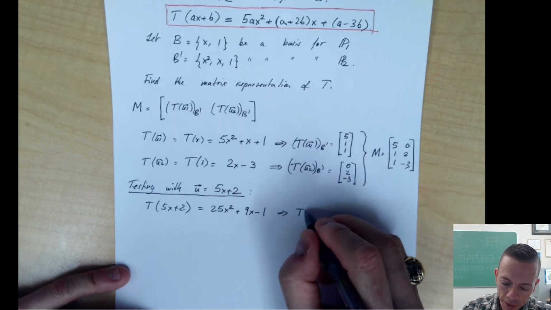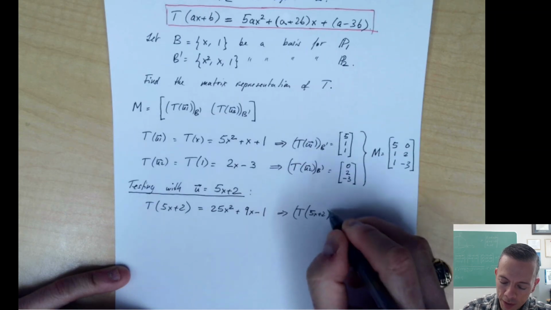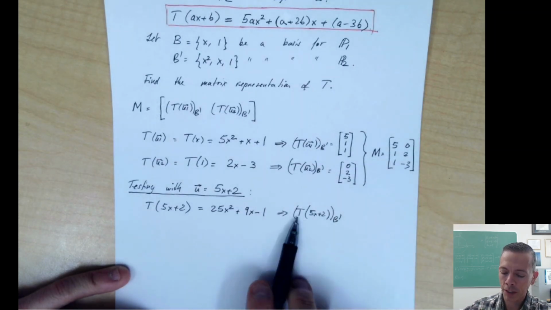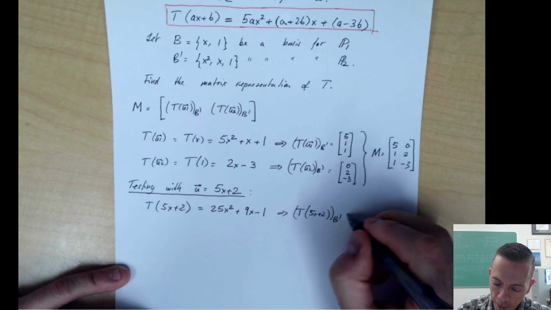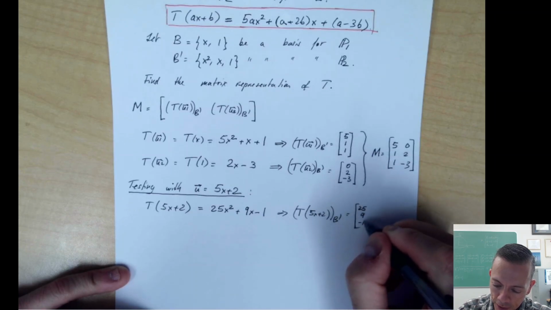So now we can write the representation, or the coordinate vector with respect to B prime, the vector 25, 9, negative 1.